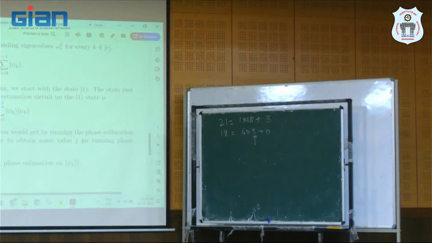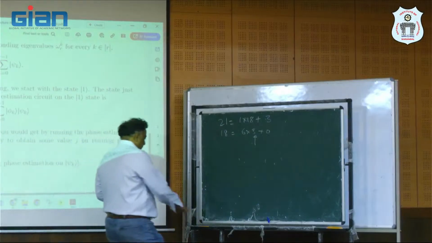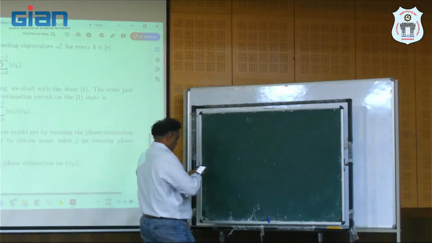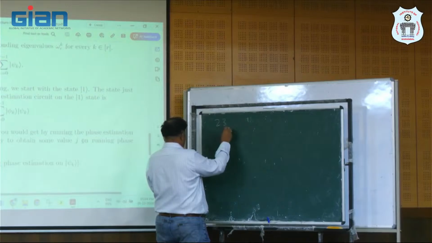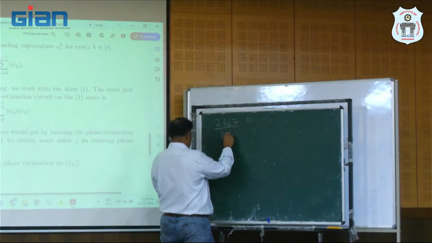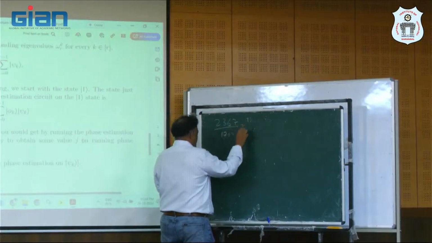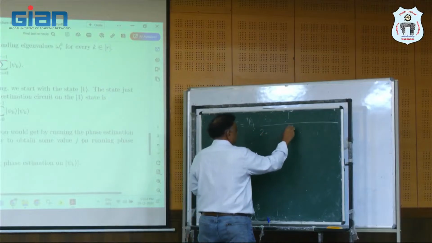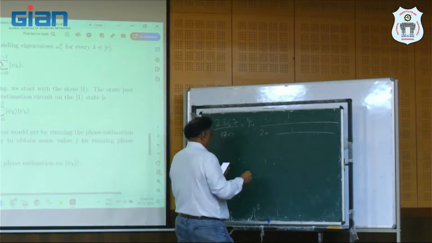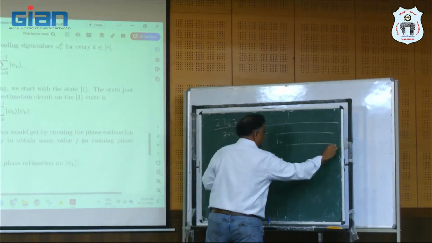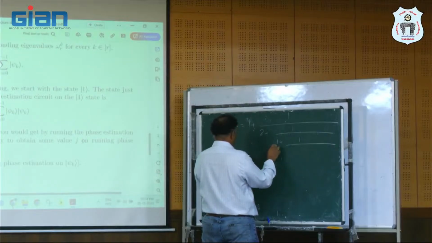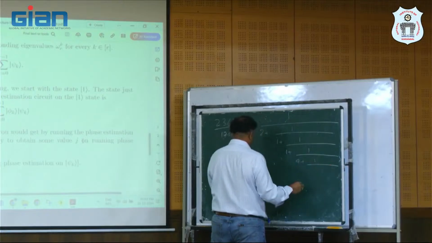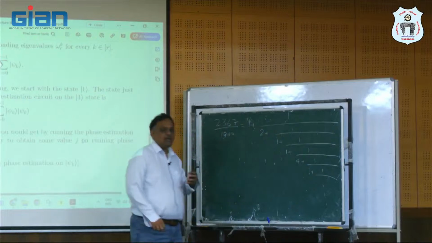By the way, in the continued fraction for this, what happens is this. 2367 divided by 1700 turns out to be 1 plus 1 over 2 plus 1 over 1 plus 1 over 1 plus 1 over 4 plus 1 over 1 plus 1 over, and it goes on like this for long.